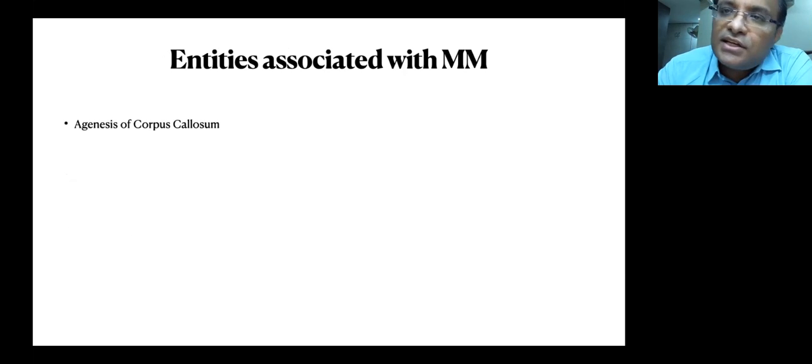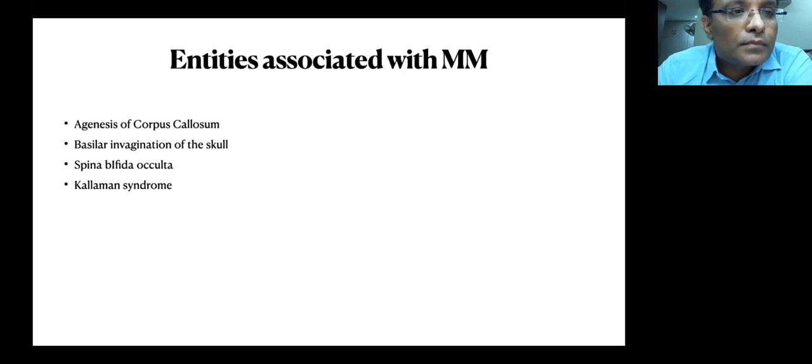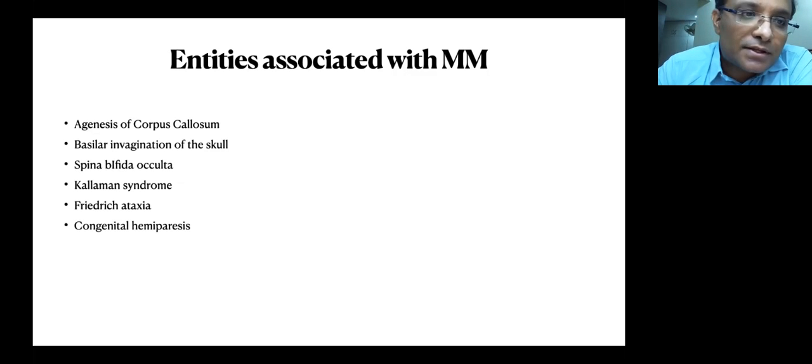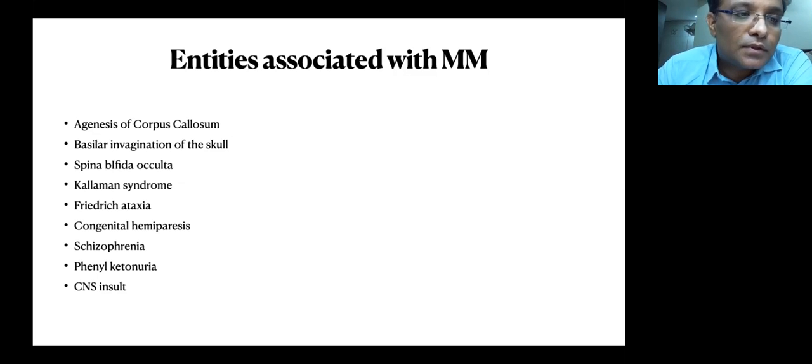The common is agenesis of corpus callosum, various genetic disorders causing agenesis of corpus callosum, basilar invagination of the skull, as well as few other CV junction anomalies, spina bifida, Kallmann syndrome, Friedreich's ataxia, congenital hemiparesis, schizophrenia, phenylketonuria, which is a metabolic disorder, CNS insult in early life, and some extrapyramidal syndromes.